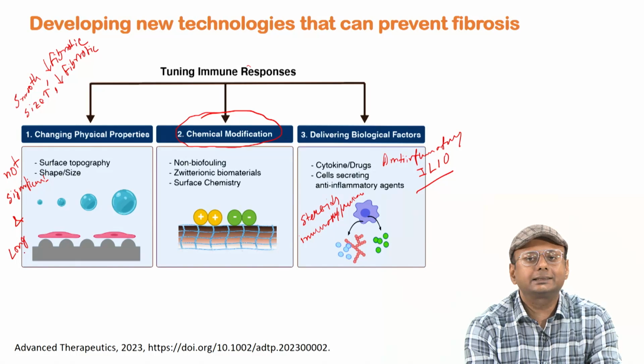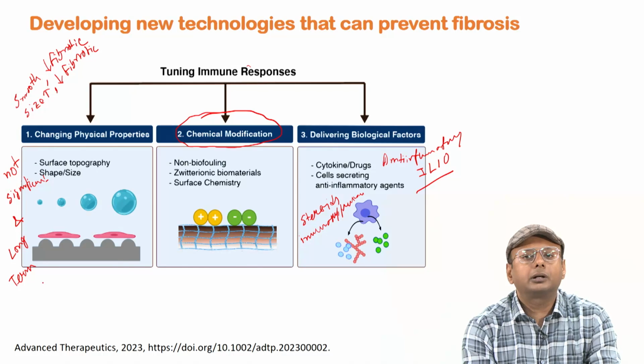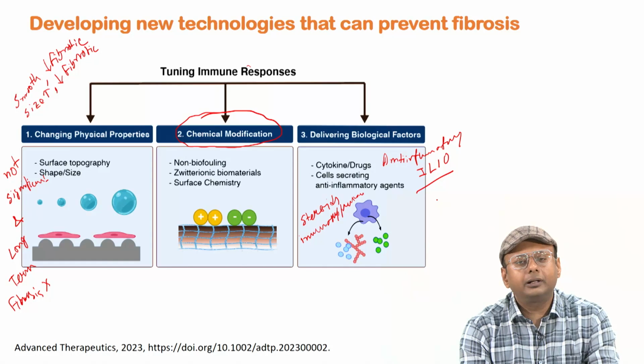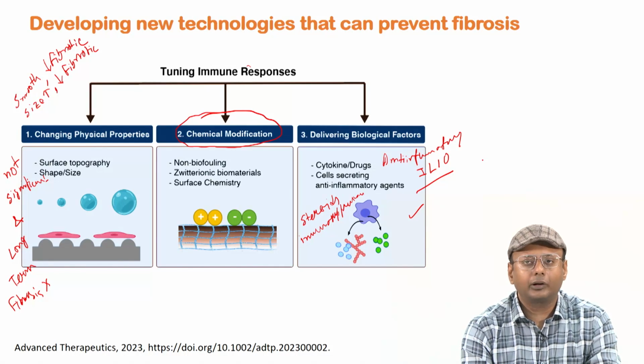So the challenge is they cannot prevent long term fibrosis. Okay. The biological factors, of course, can prevent long term fibrosis, but the problem is, as I said, because they are biological factors, they can create different immune reactions, immune toxicity, and long term use of immune suppressants is not good for our body.